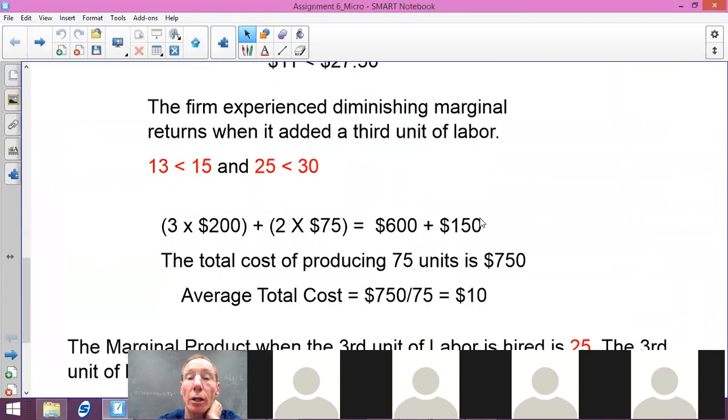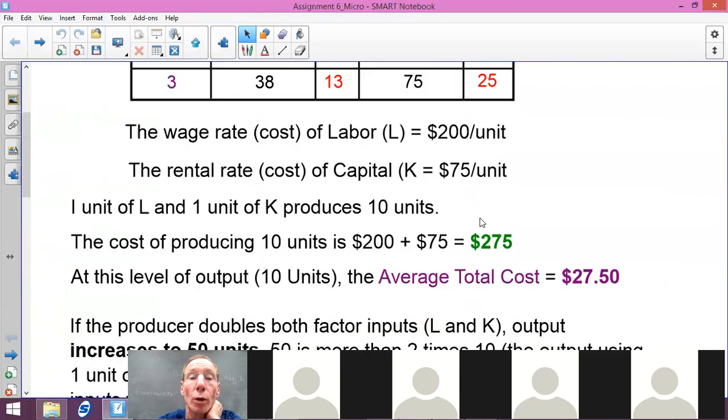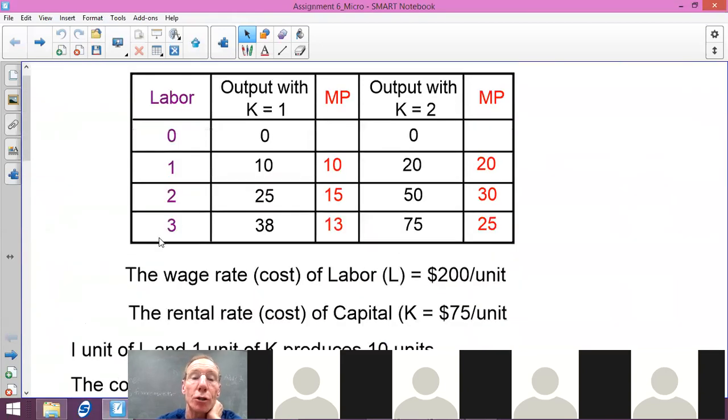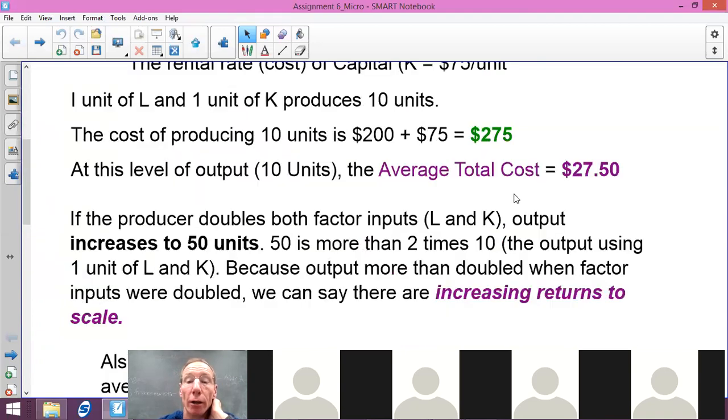So when the third worker was hired, that worker was able to bring the output up by 25 units. So we say the marginal product, or the change in the output, went from 50 to 75 by hiring that third worker. So the marginal product, the marginal output, is 25. So we know that, okay?